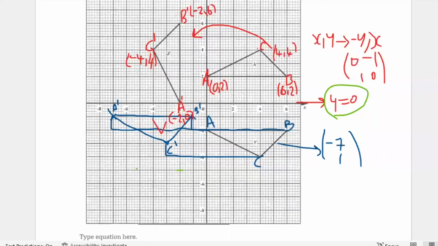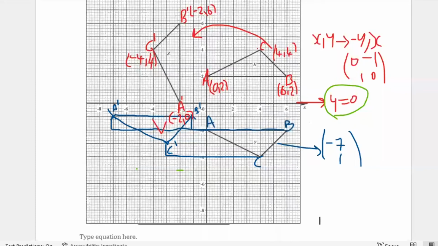Sir, what if they never give it on a graph to solve, like normally they don't give that on a graph? Oh, you're saying if they didn't give it on a graph?